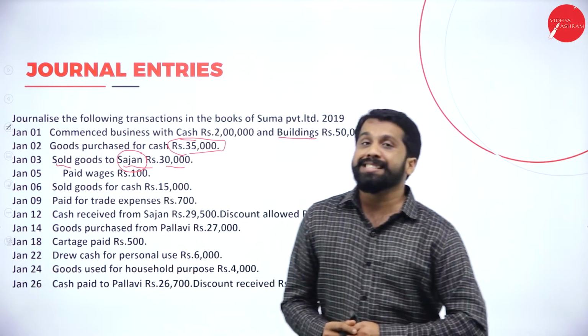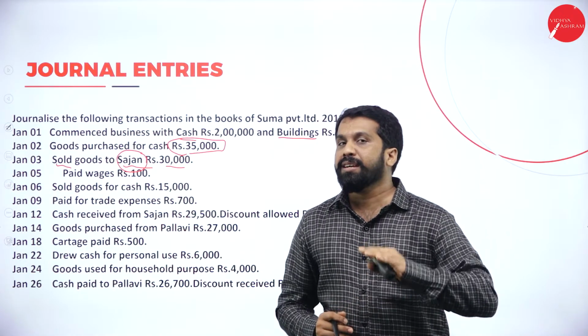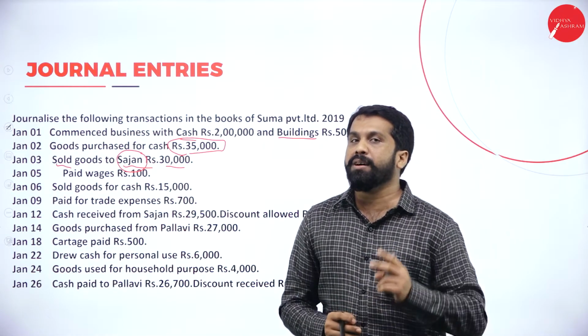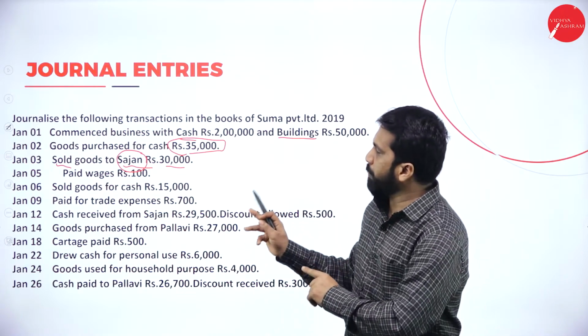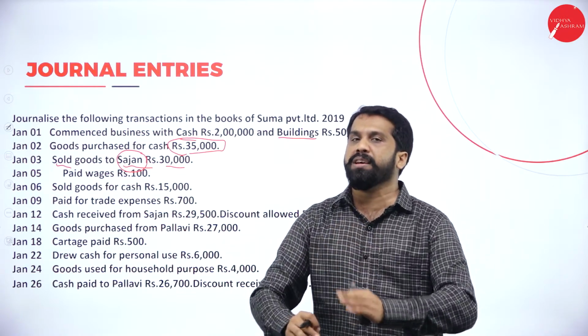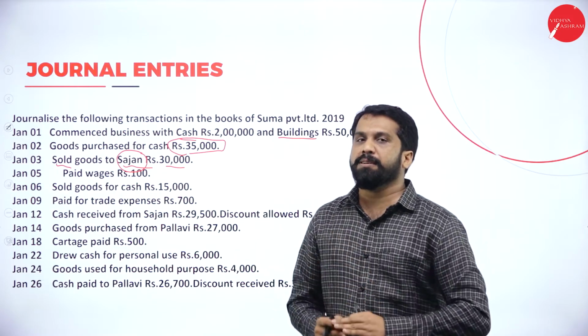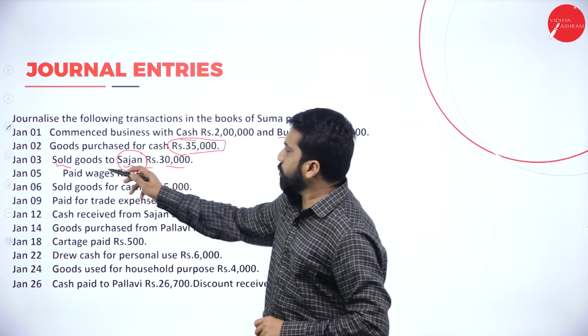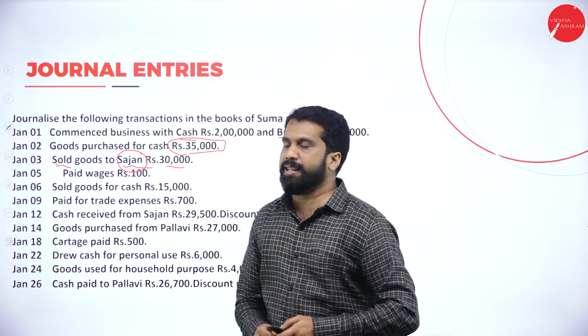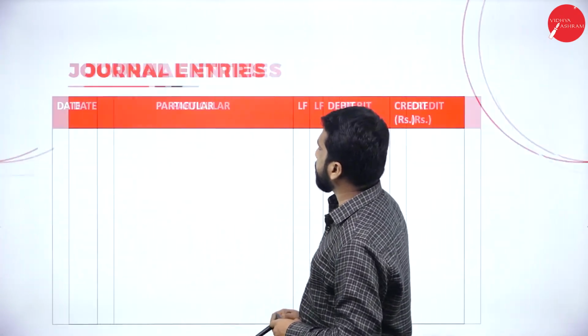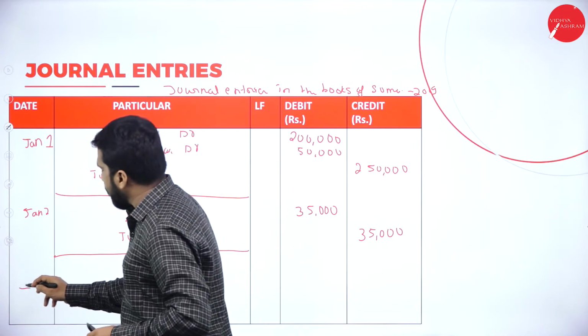Sold means sales. Sales always where? Down. Go to your logic number 2. Sales always down. See, if you apply logic, the easiest way, you can easily do all the problems. Now, sold goods to Sarjan means Sarjan to sales. What is the amount? 30,000.